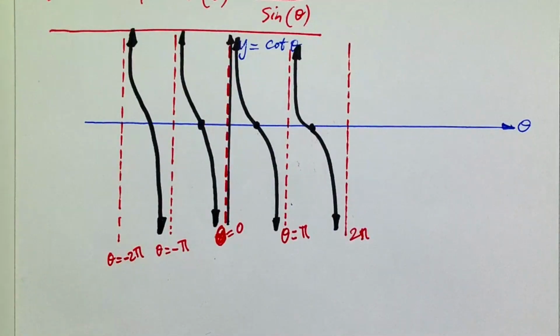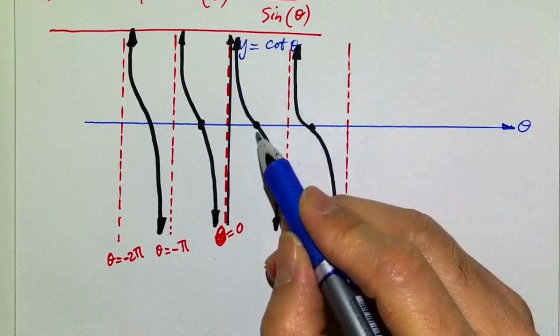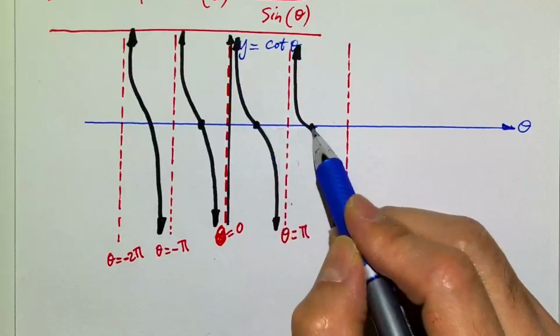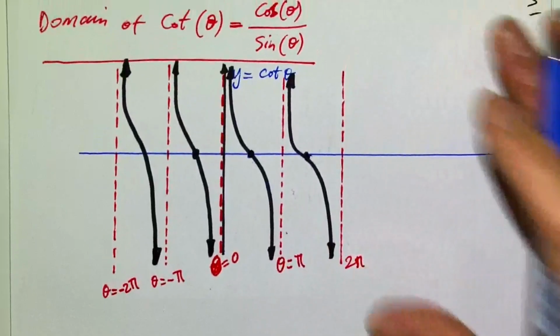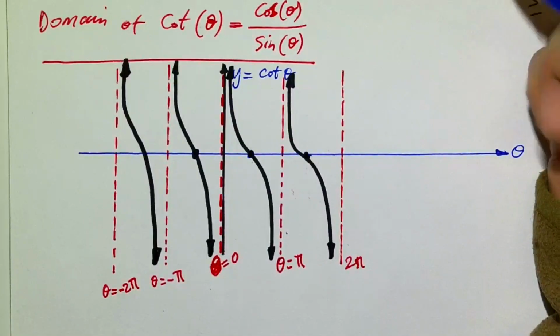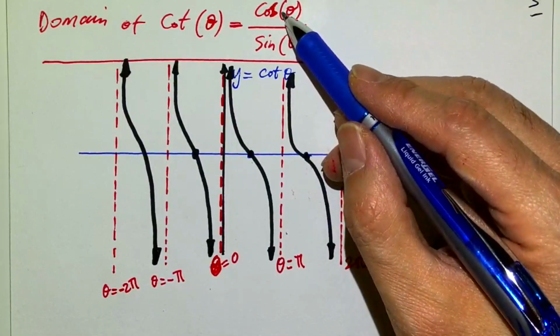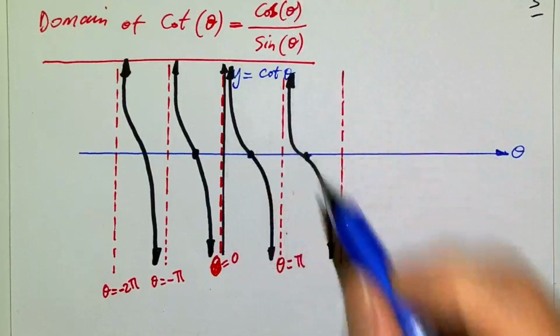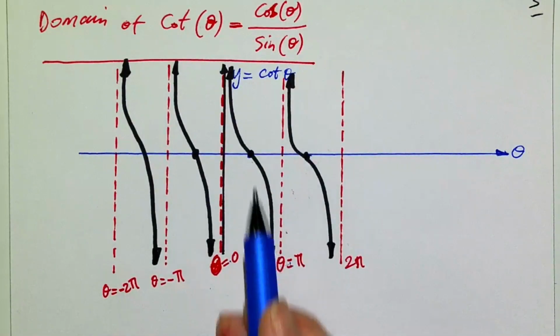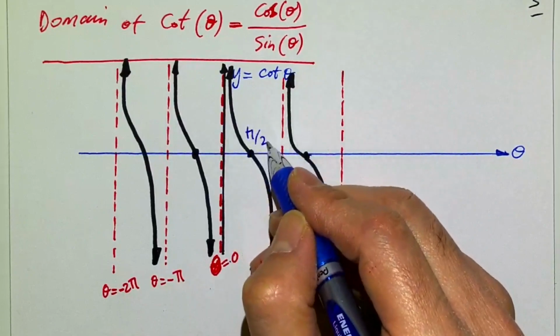So you might ask, what are these points where the cotangent function is equal to 0? That's really easy to determine because that's whenever the cosine of theta is equal to 0, right? Cosine of theta is equal to 0 at pi over 2, or halfway between 0 and pi. This is 0, this is pi, and halfway in between is pi over 2.